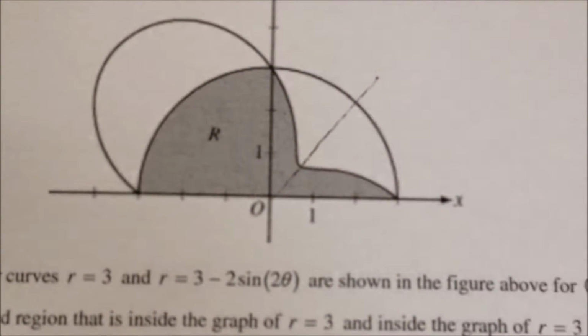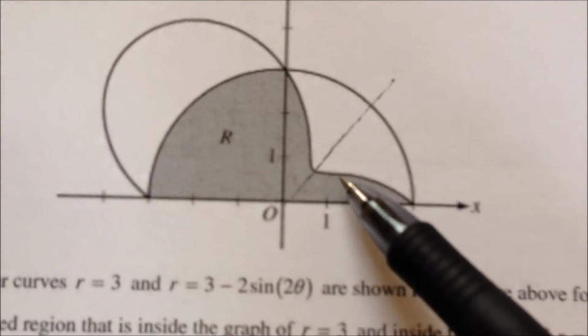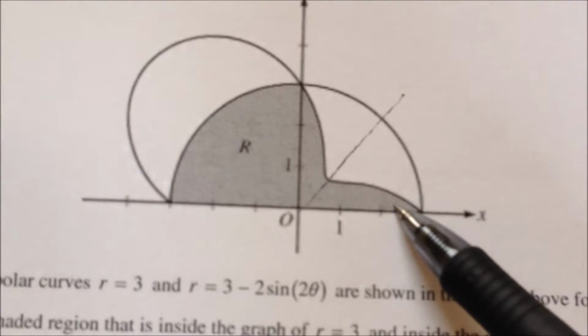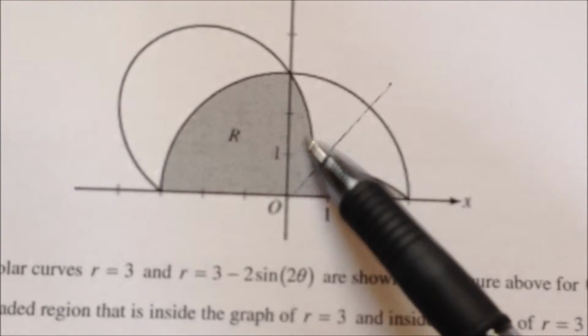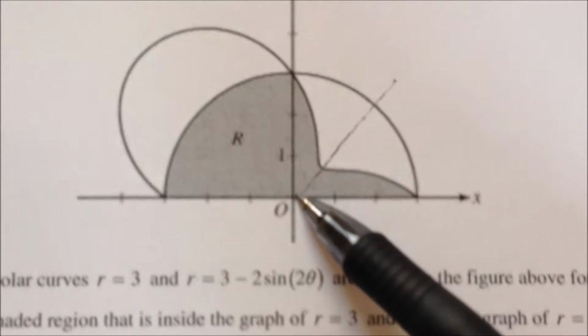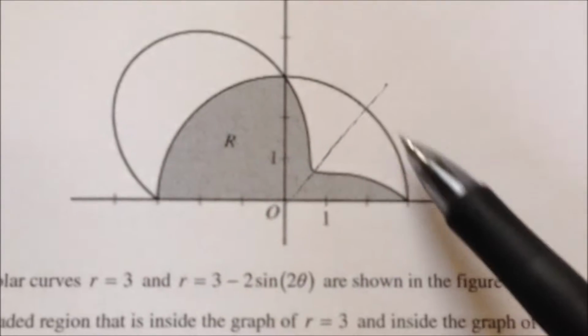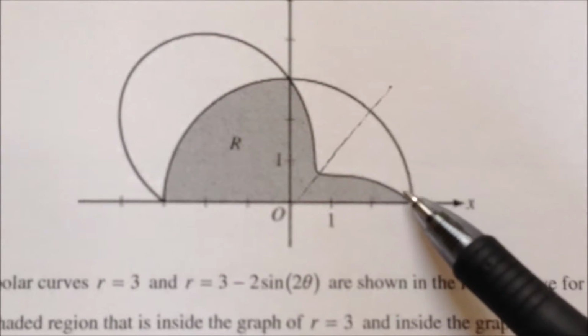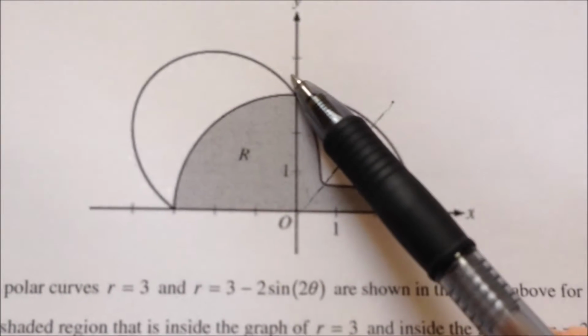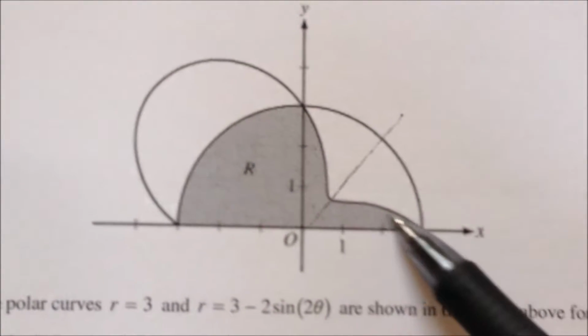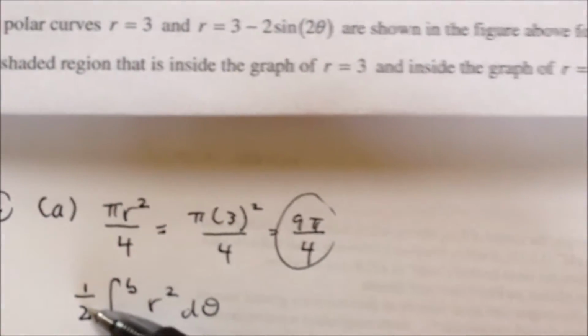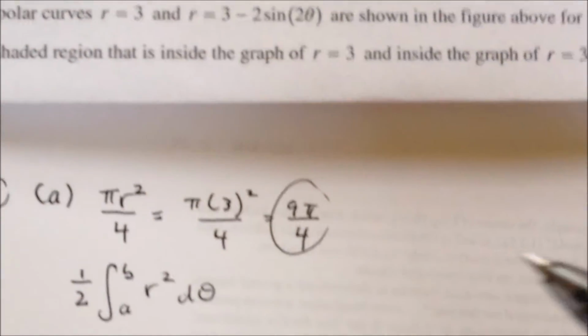You can see by symmetry that this section here is the same area as this section here. So if we take the integral from 0 to pi over 4, instead of from 0 to pi over 2 of just this area, then we don't have to have that 1/2 out front because we can just multiply it by 2.